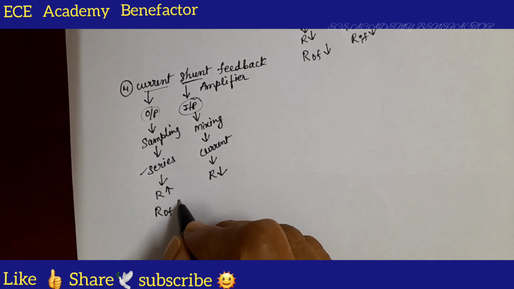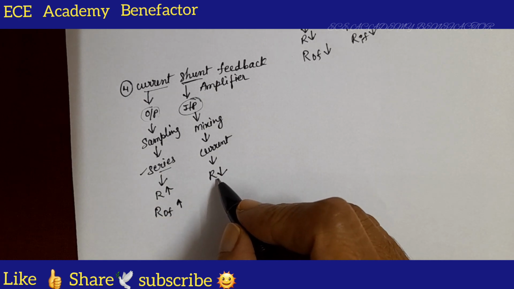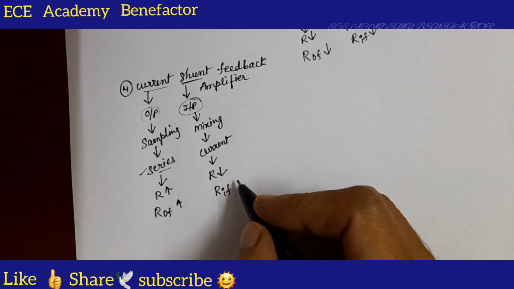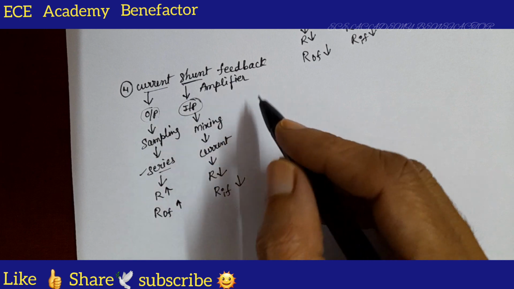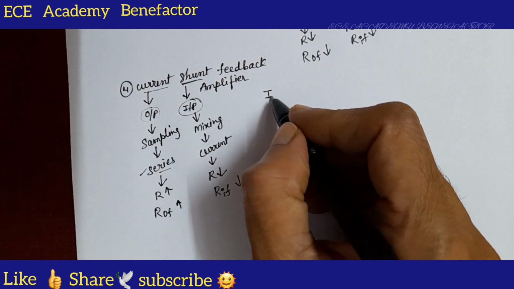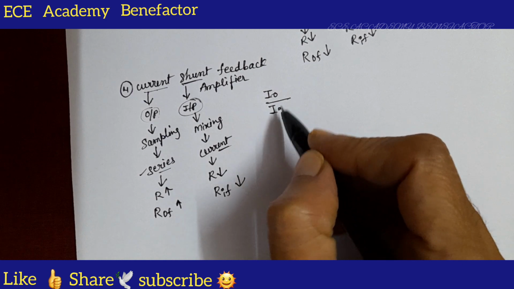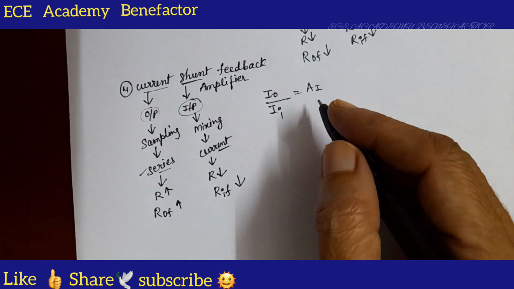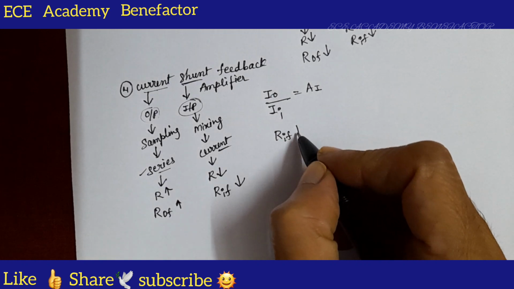ROF is increased due to series connection, and at the input side the resistance is designated by RIF. RIF is reduced. So what is the output parameter? Current. Input parameter is current. The ratio of I0 by II is known as AI, current gain. So what is RIF? RIF is reduced.